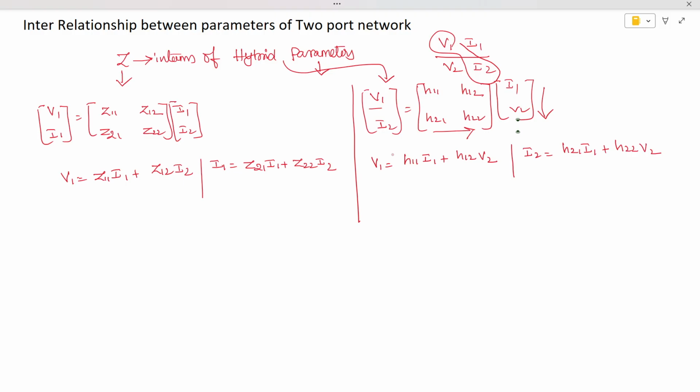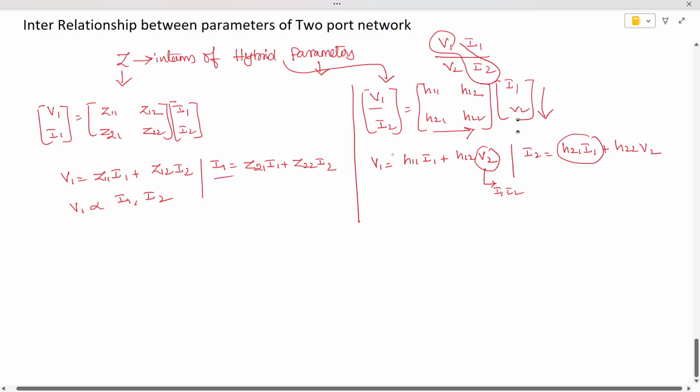Now you see every parameter we require only in terms of I1 and I2. Here this V2 is missing, so V2 also should be in terms of I1 and I2. Let's check here. We want the equation in terms of I1 and I2.